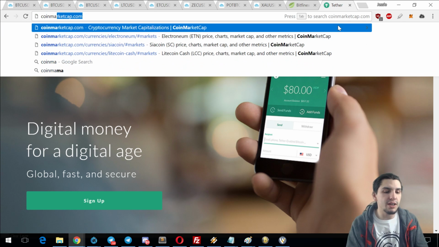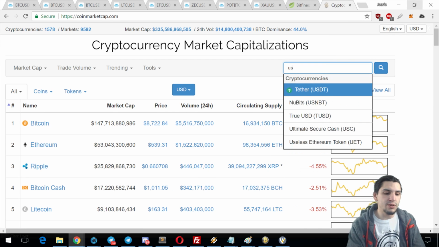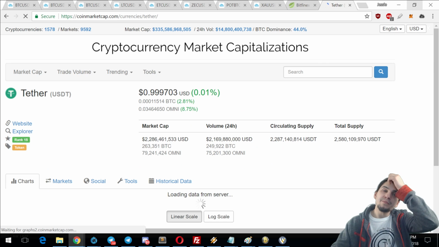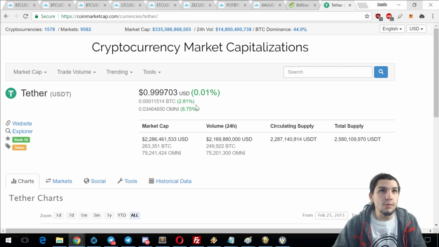So I'm going to go to coinmarketcap.com and let's just go USDT. And so we're going to Tether USDT and we're going to look at this. Okay, so you look at this, right?